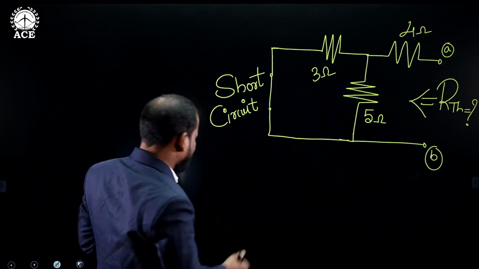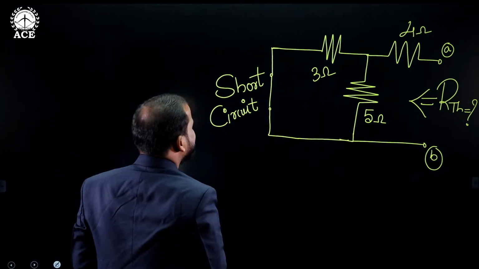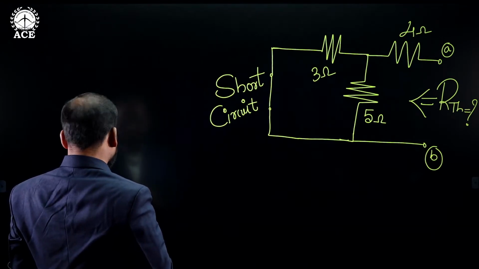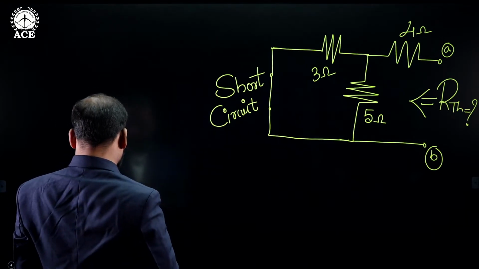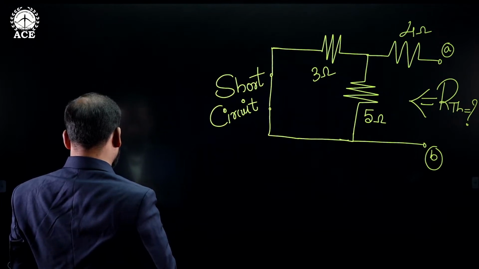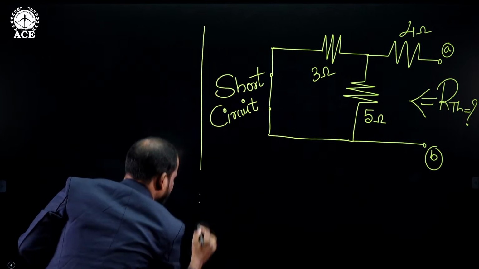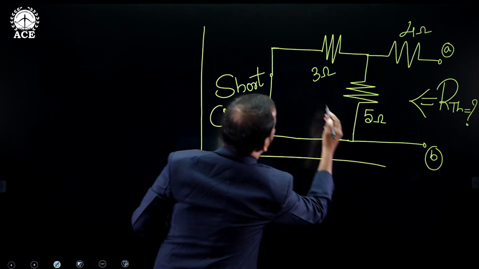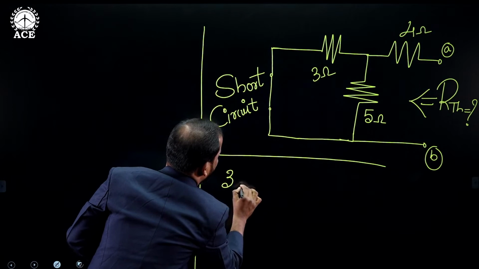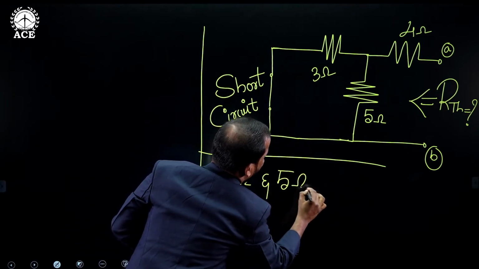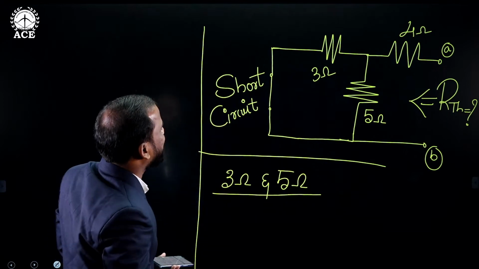Now first find the values. I am using a calculator for finding this, in order to reduce the time required. First, 3 ohms and 5 ohms are both connected in parallel.